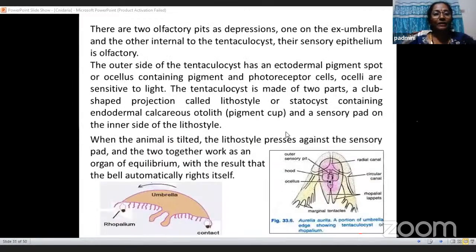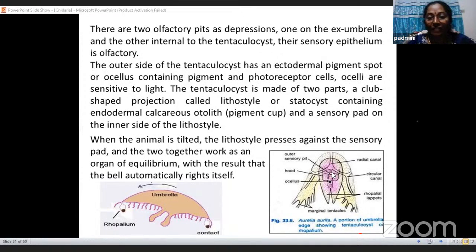So here you can see there are 2 olfactory pits. They have these extended olfactory pits over here. What I'm showing you is a tentaculocyst or rhopalia. There you can find a radial canal coming over here. As I said, tentaculocysts are present only in the radial canals, that is the interradial and perradial canals.